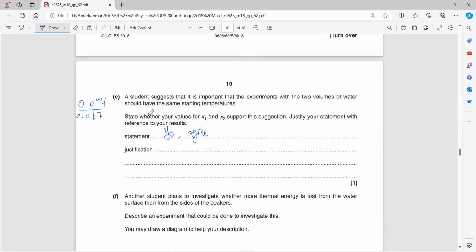Again, is it important that the experiments with the two volumes should have the same starting temperatures? Yes, I do agree. Yes, they should have the same starting temperature.